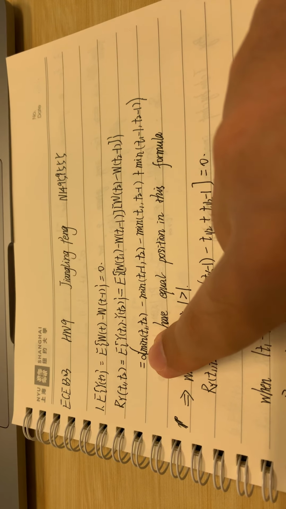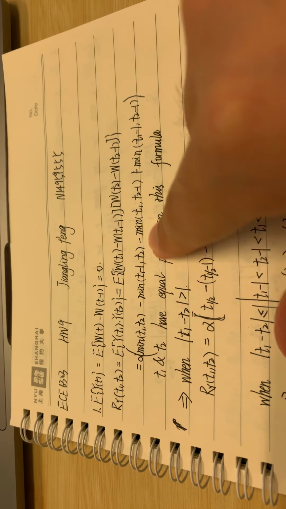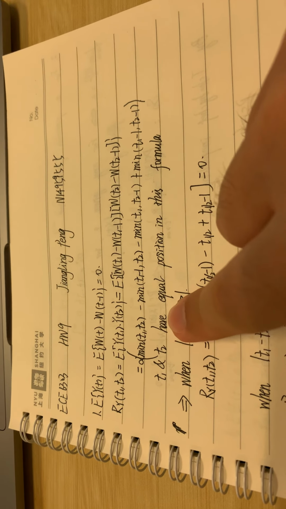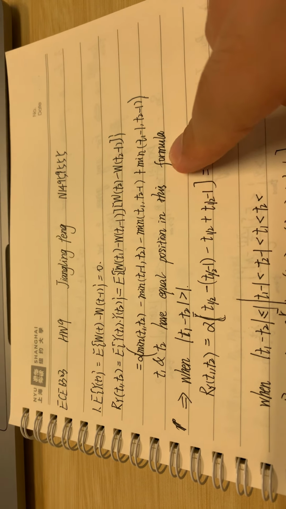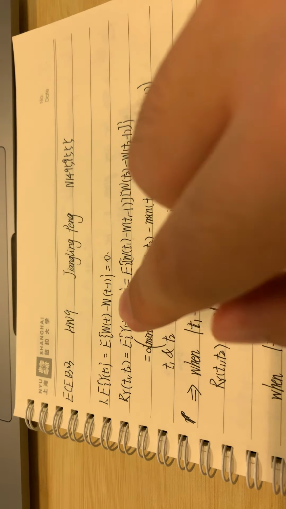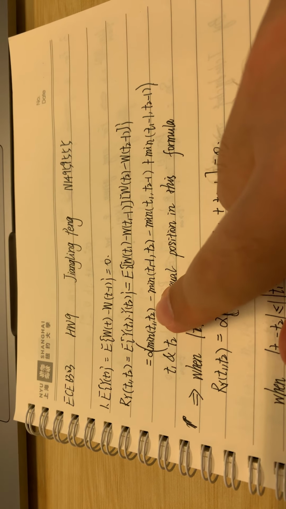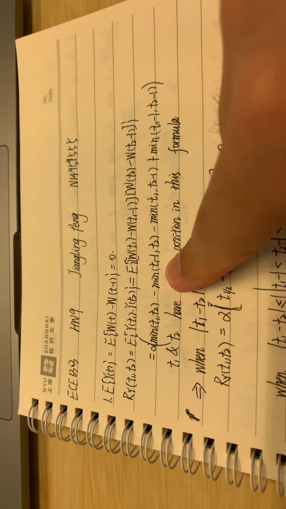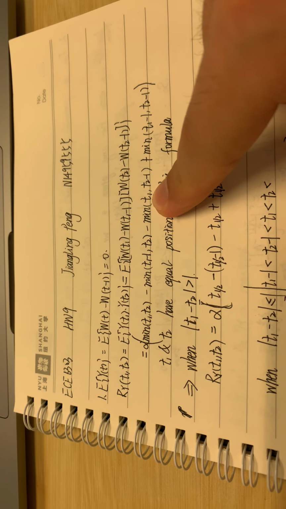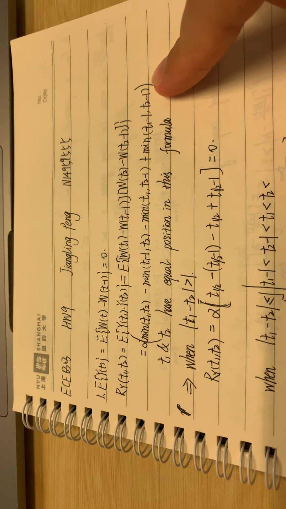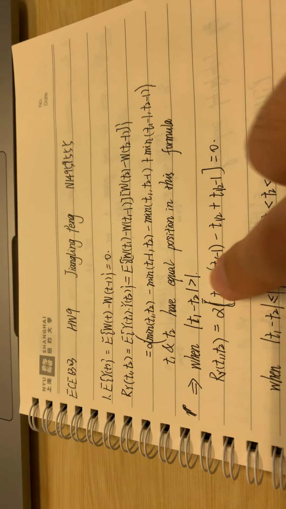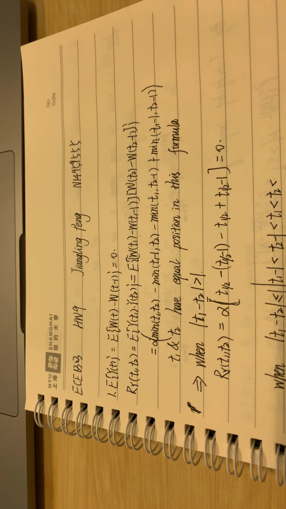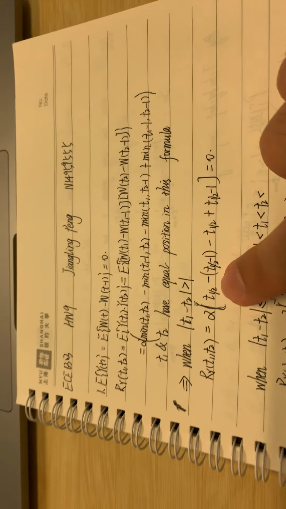If we take a deep look into this formula, we will know that t1 and t2 have equal positions in it, which means that if we exchange t1 and t2, there is no change in the final result. So we can make an assumption.